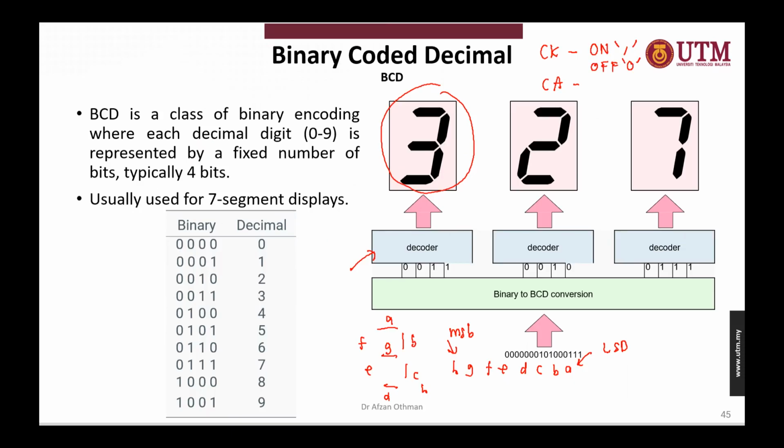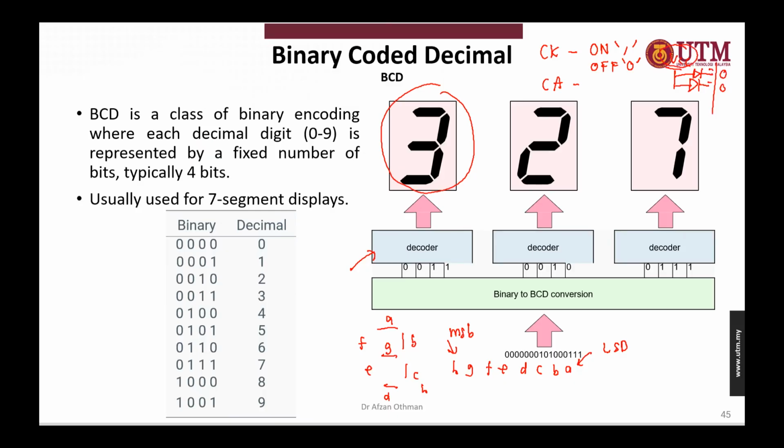Compared to the common anode, where all of the positive terminals of the LEDs are connected to VCC, and the negative terminal is connected to your microcontroller. So in order to turn on a common anode LED, you need to give 0 to your microcontroller.